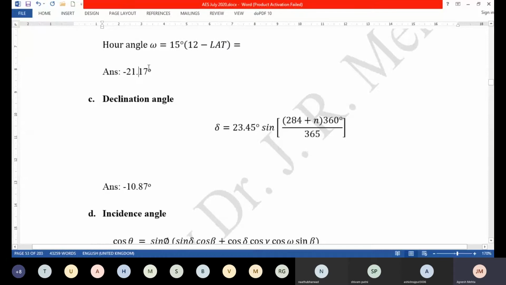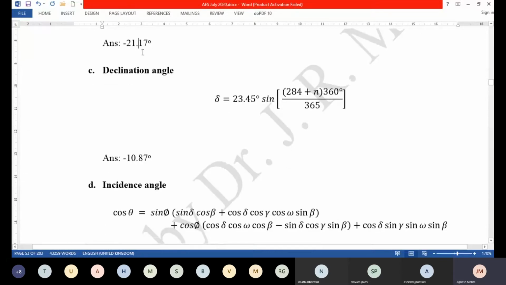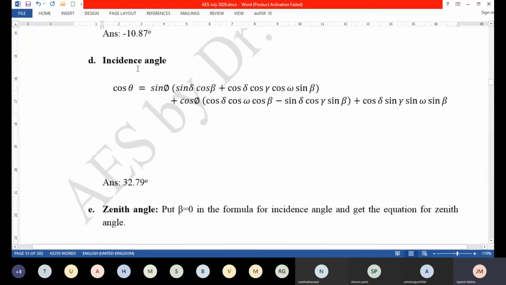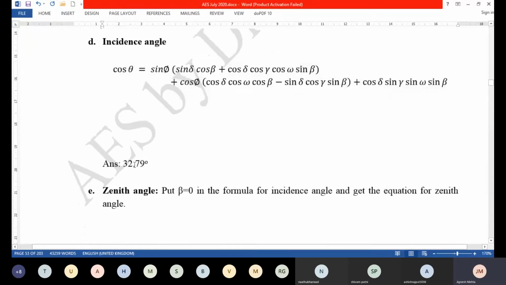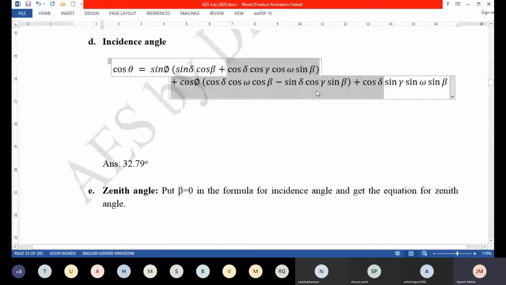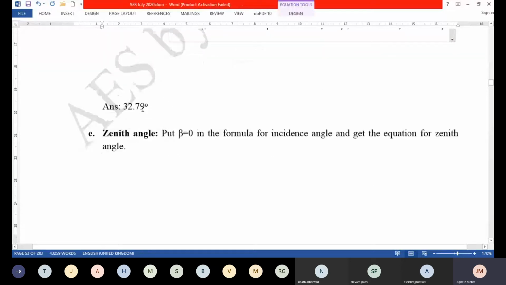Because the angle is between minus 15 and minus 30. Then you could get the declination angle, and now you can calculate the incidence angle. So the incidence angle comes out to be 32.79. You are advised to practice this example so that the chances of making a mistake in such a lengthy formula are less.